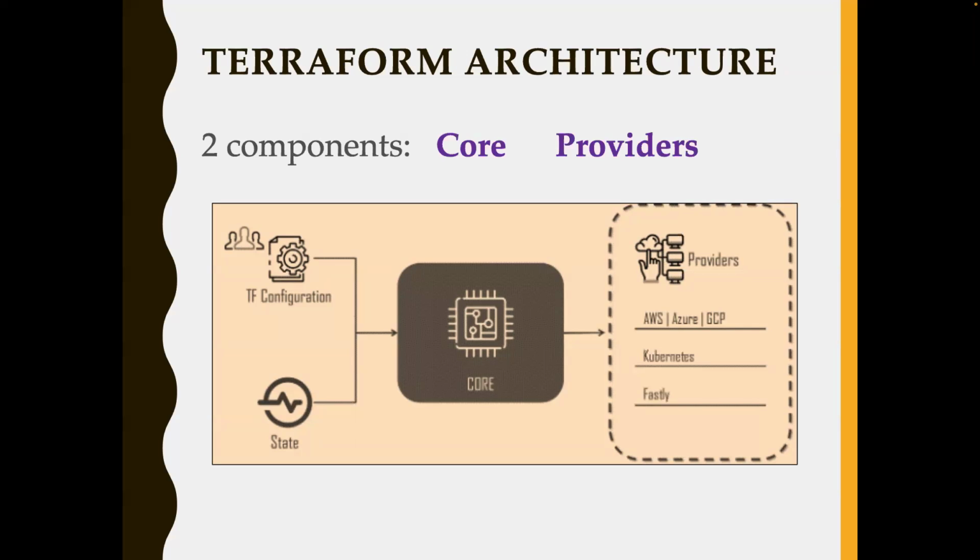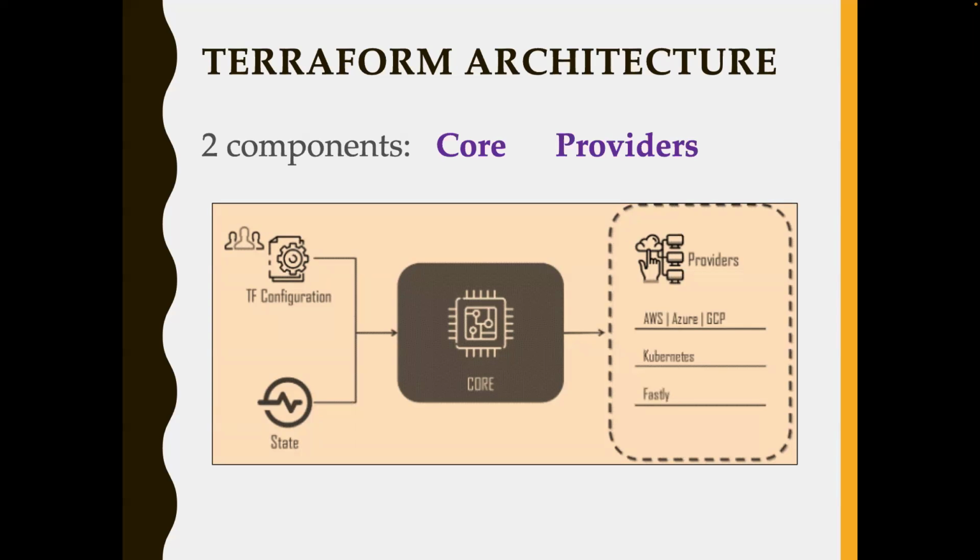The state file will have the actual state of the infrastructure, and the Terraform configuration file will have the expected state. So let's suppose the actual state is 2 EC2 instances, and the expected state in the configuration is 3. When you apply Terraform, it will create a plan with all the steps of what should be done to make the infrastructure 3 instances. That kind of steps will be created in the Terraform plan.